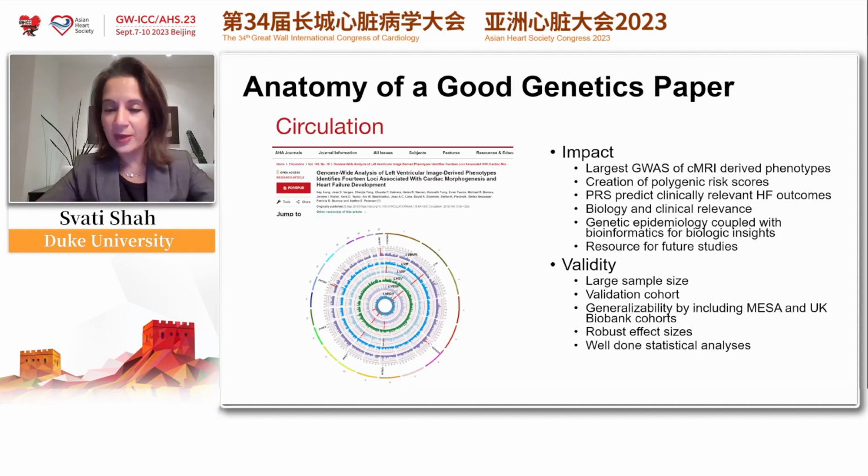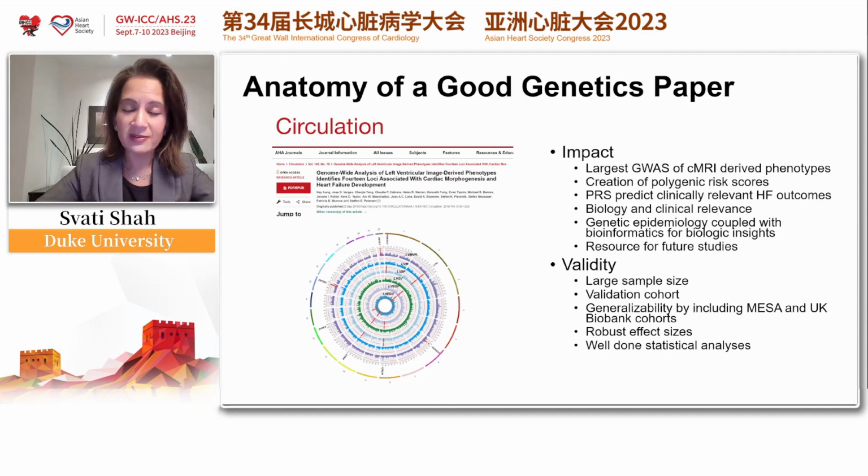We don't expect it from every paper, but in this case, not only was there biology because of the biologically plausible genes that were identified, but also clinical relevance. The genetic epidemiology was supplemented with biologic context by using in silico bioinformatics analyses. And finally, with regards to impact, the large amount of results presented in this paper could serve as a resource for future studies.